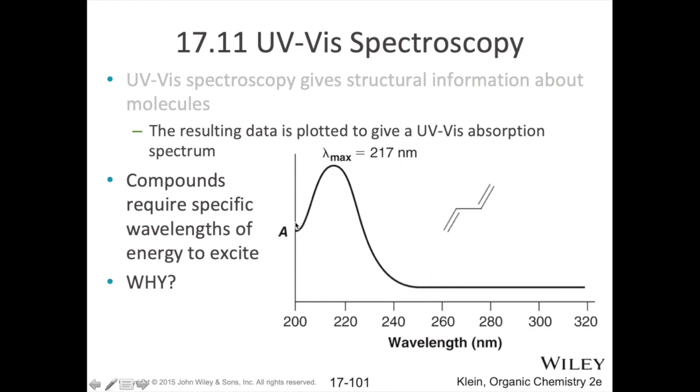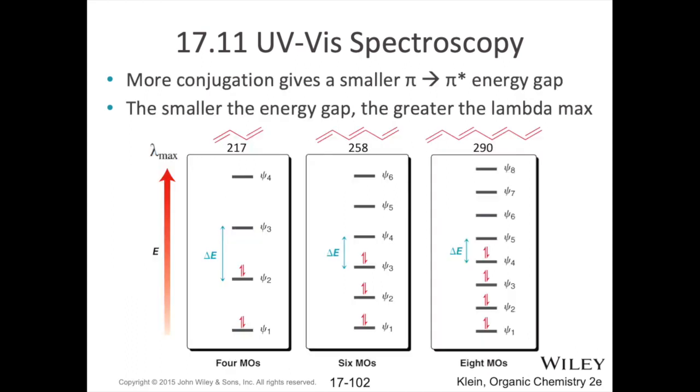This is where A goes to a maximum, and so lambda max is the wavelength that causes this maximum absorption. That tells us essentially what the energy gap is for that transition. So the wavelength of these photons must correspond to the energy of that gap.